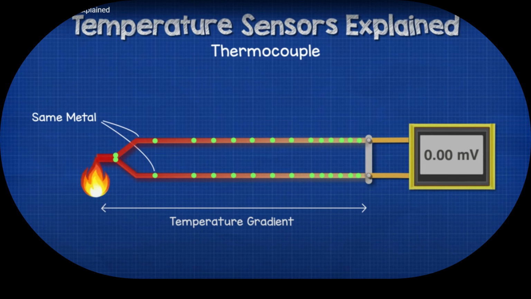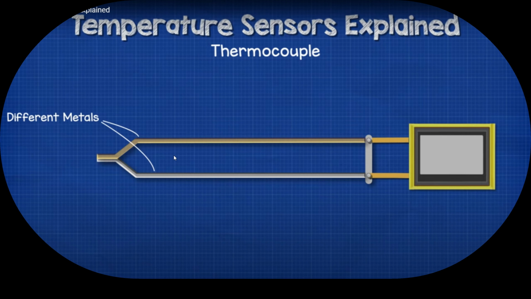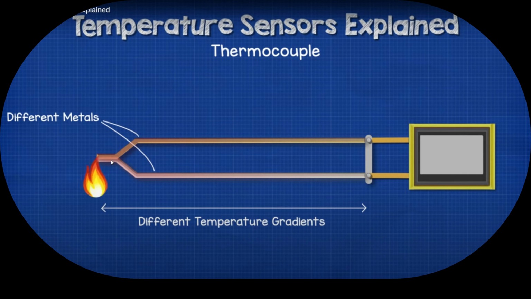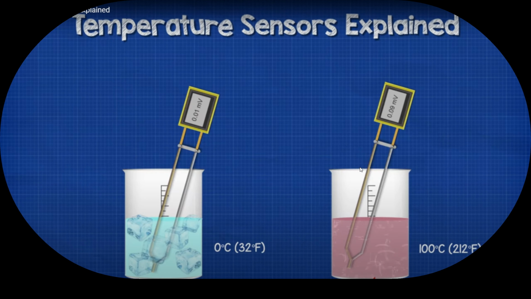Now let us say we bring in another material. Of course, because of the different material properties, the number of electrons that went from the hot side to the cold side will be a different number, and this different number of electrons will generate a difference in the voltage, or potential, between them.